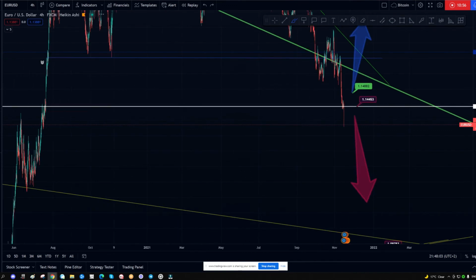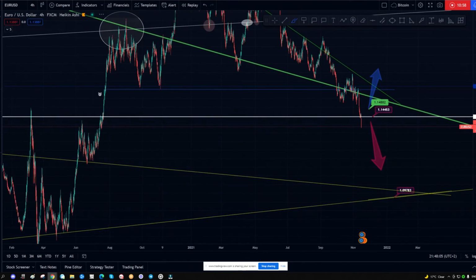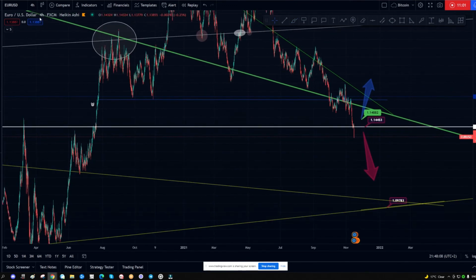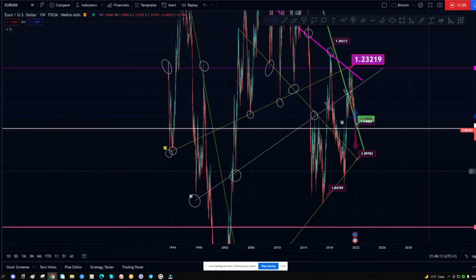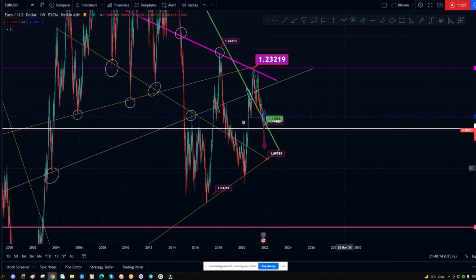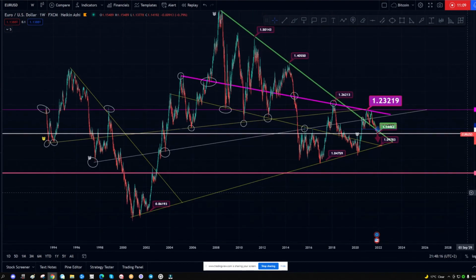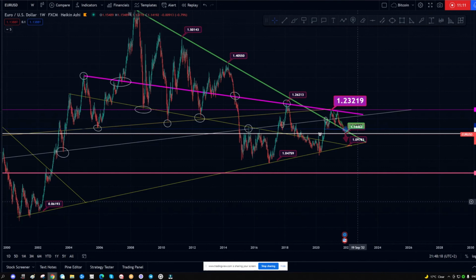So Euro USD will most likely continue to drop. Now, again, you see these levels that I work with, and they have their logic. It's oversimplified, but it works.